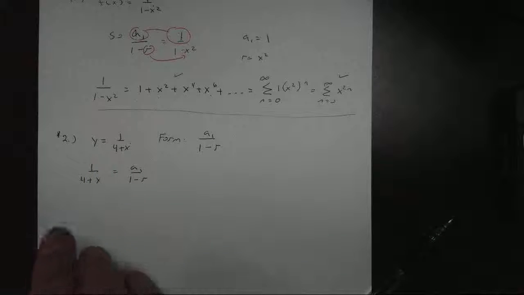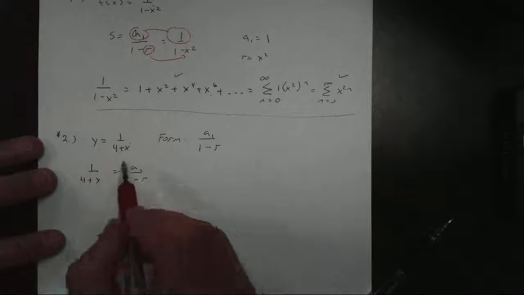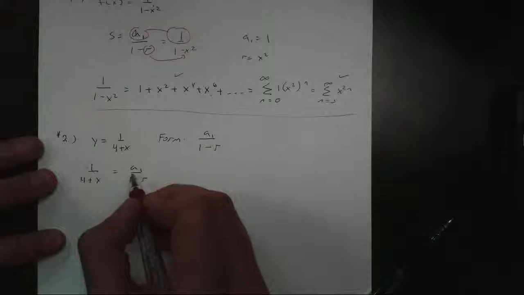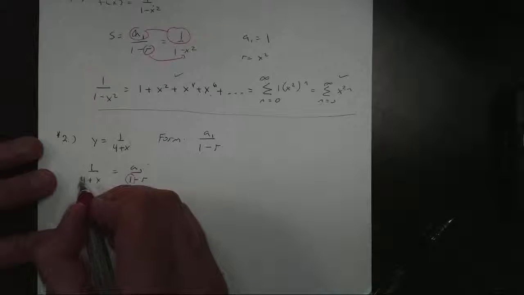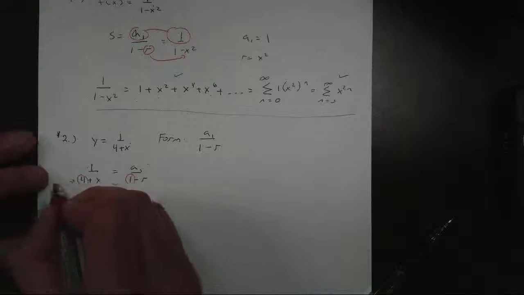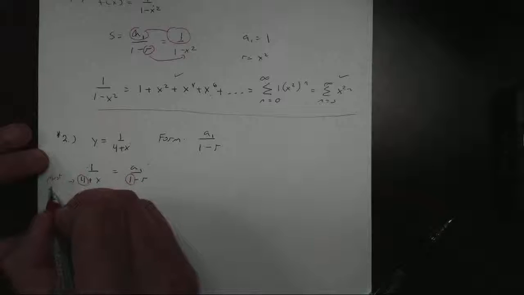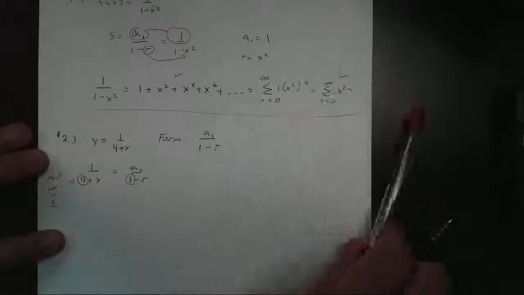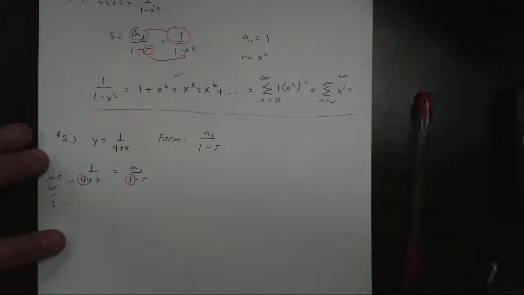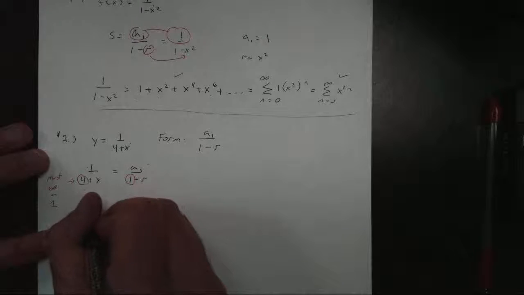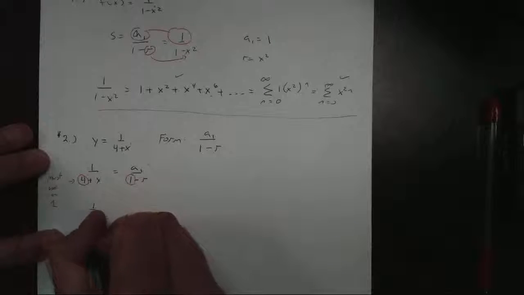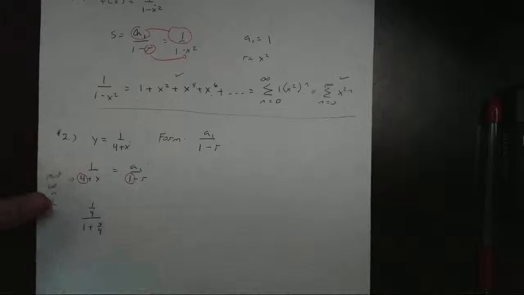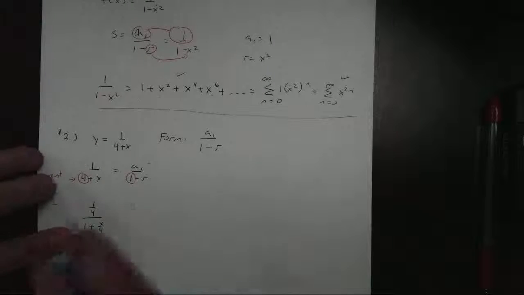Now the first thing I notice is that the first term is not 1. This one right here is now a 4. That 4 must be a 1. So how do we get that to be a 1? We divide. So this becomes 1/4 over 1 plus x over 4. Remember, I'm going to divide everything by 4.